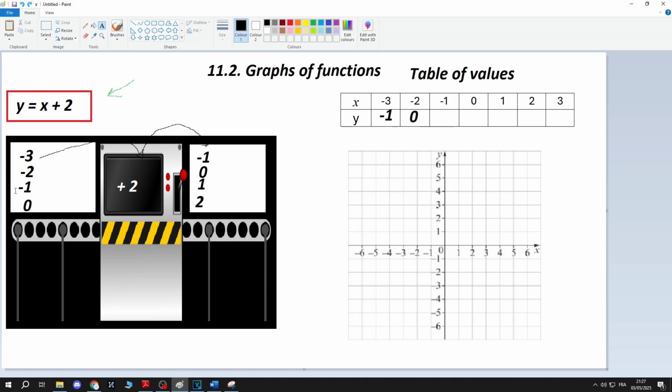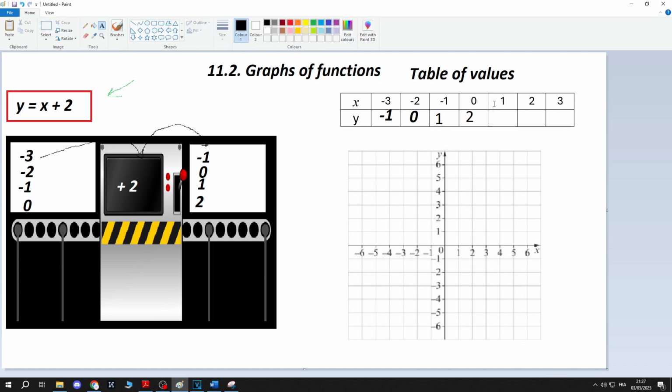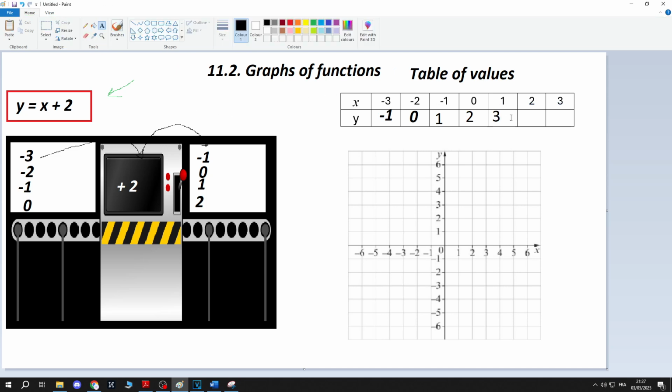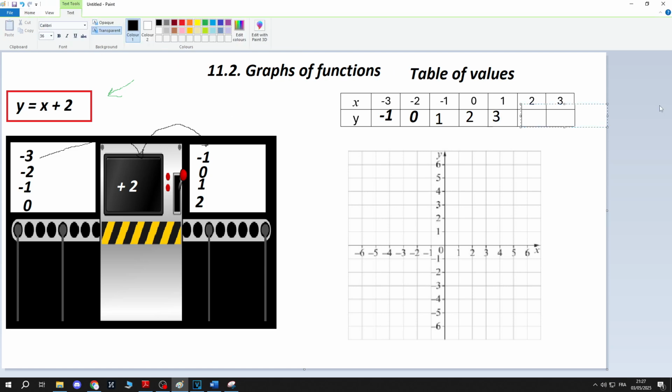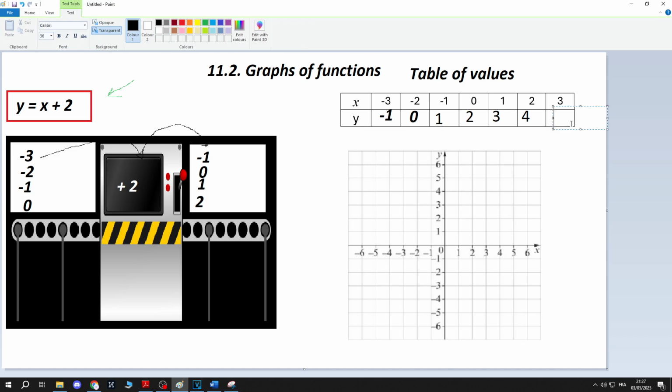When x is -1, -1 plus 2, that's 1. When x is 0, it is 2. When x is 1, that's 1 plus 2, which gives us 3. And when x is 2, that's 2 plus 2, which is 4. And then when x is 3, 3 plus 2 is 5.